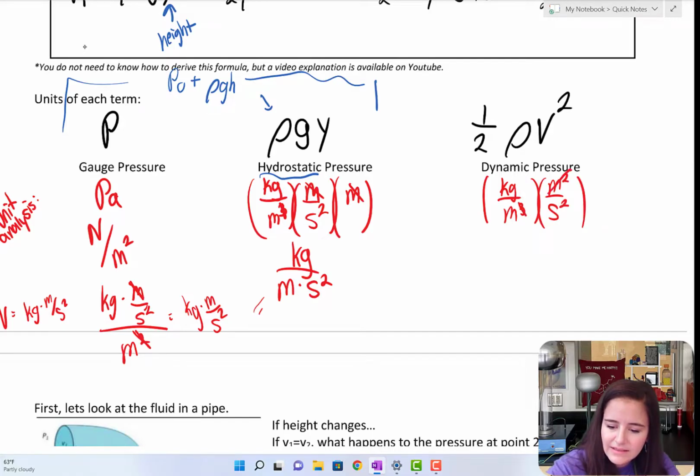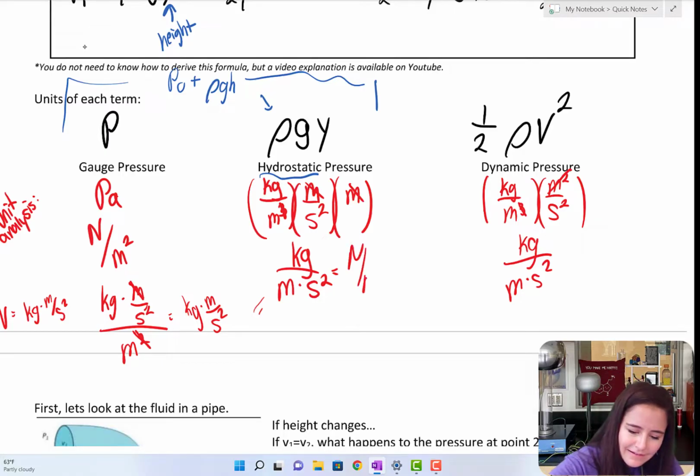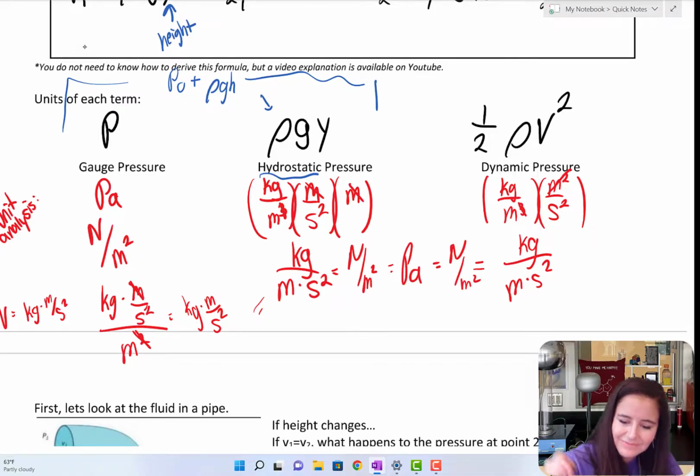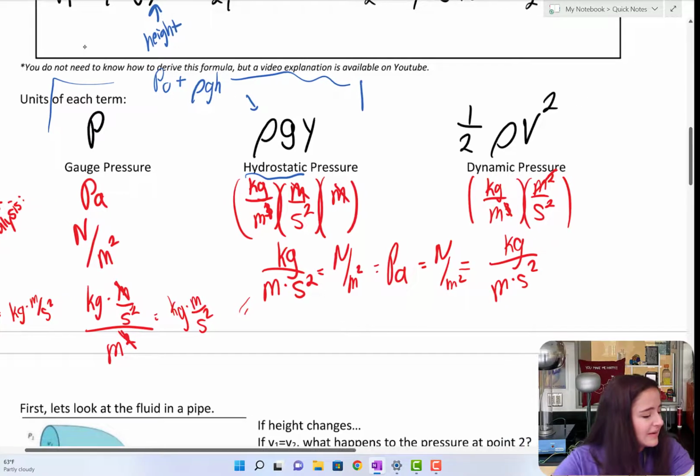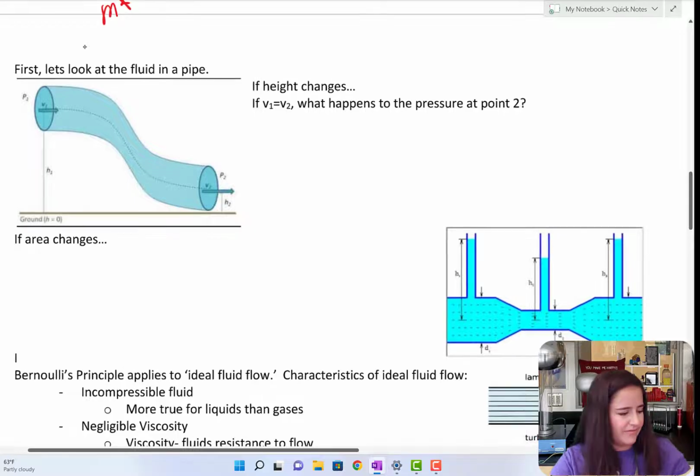And we can see that that same kilogram over meters per second squared pops out, aka a Newton per meter squared, aka a Pascal. A little messy, but okay, cool. So let's go ahead and look at the effects of this.